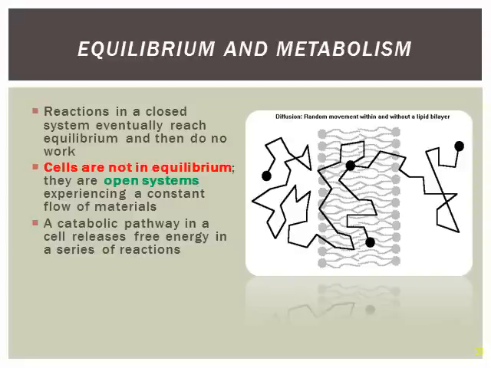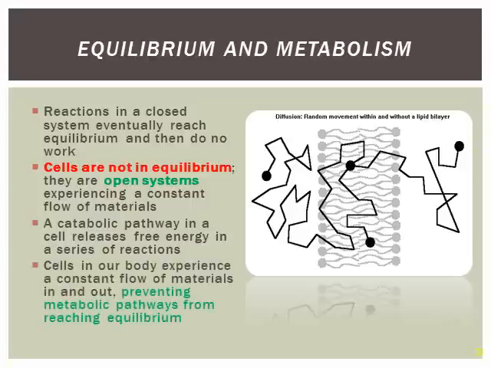So this is an open system, with things always flowing into and out of the cell, and this must be the case in order to maintain that order that we were talking about earlier in the cell. Because of this, we are never really going to reach metabolic equilibrium in terms of cellular reactions.